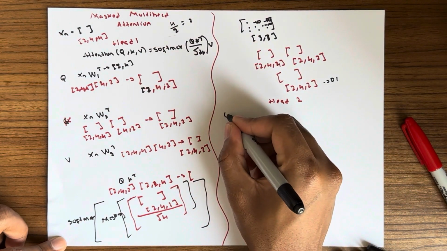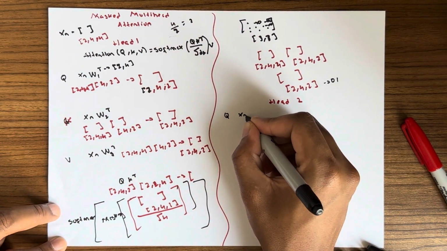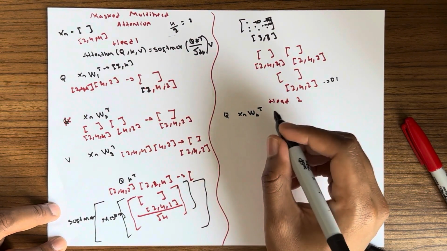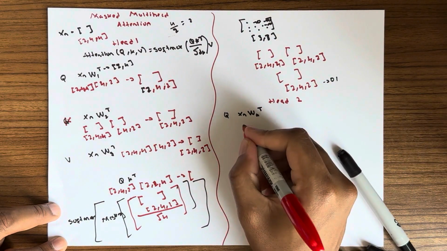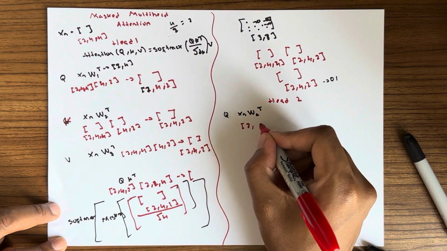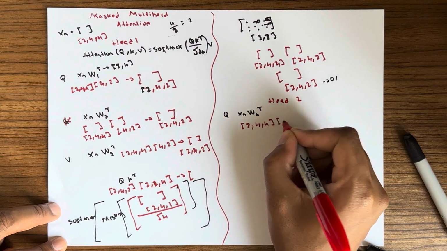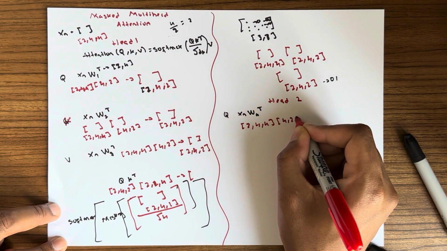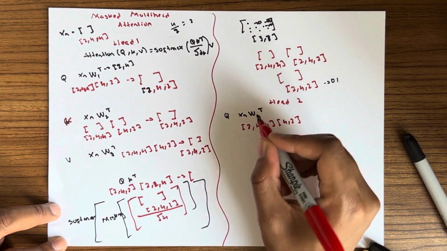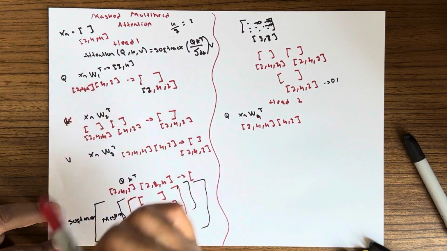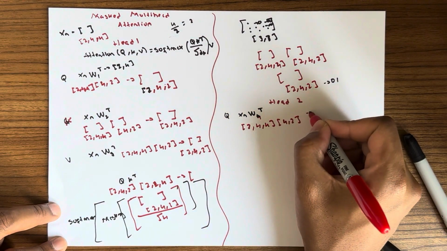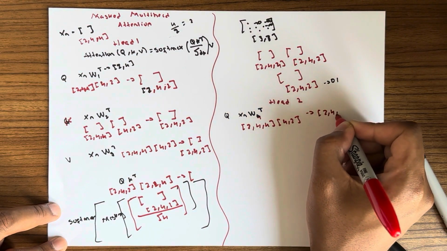So let's say query is xn times w4, the same dimension as w1, to get a tensor of 2 by 4 by 2.